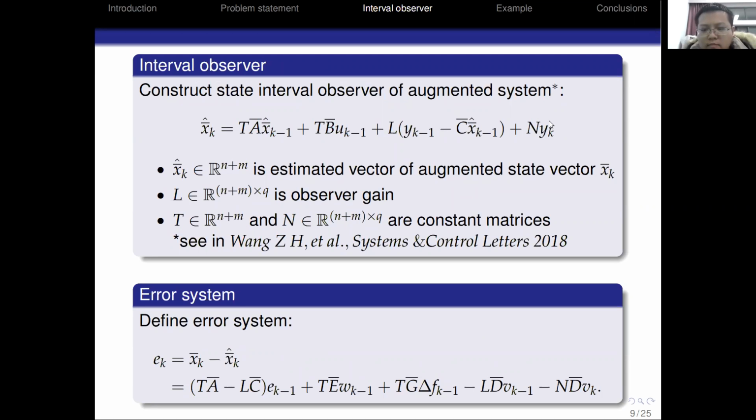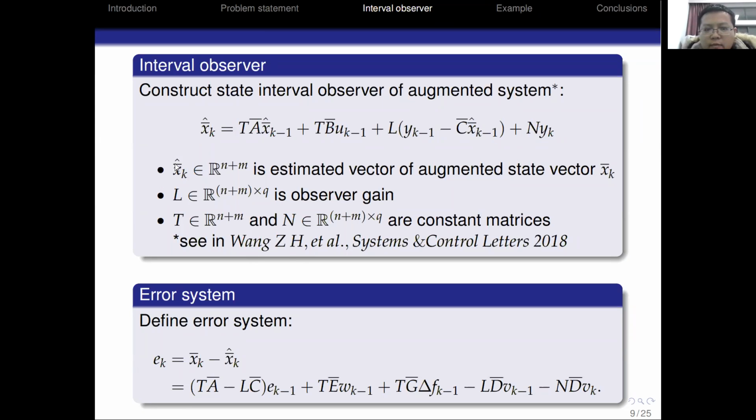The method can also be found in another work by Zhenghua in the Systems and Control Letters in 2018, and in another paper by Wen Tao, also in Systems and Control Letters. We use the method in this talk, and we can construct the state interval observer of the augmented system like this.